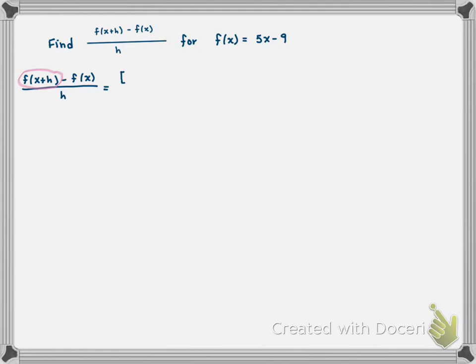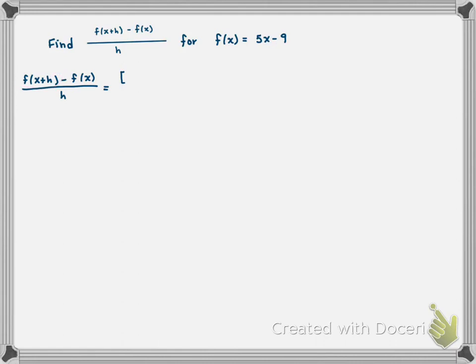The input is what is in parentheses, which is what? If I give you this, what's the input? 2. Okay, so for f of x plus h, what's the input? X plus h. Good. The input is the thing in parentheses.